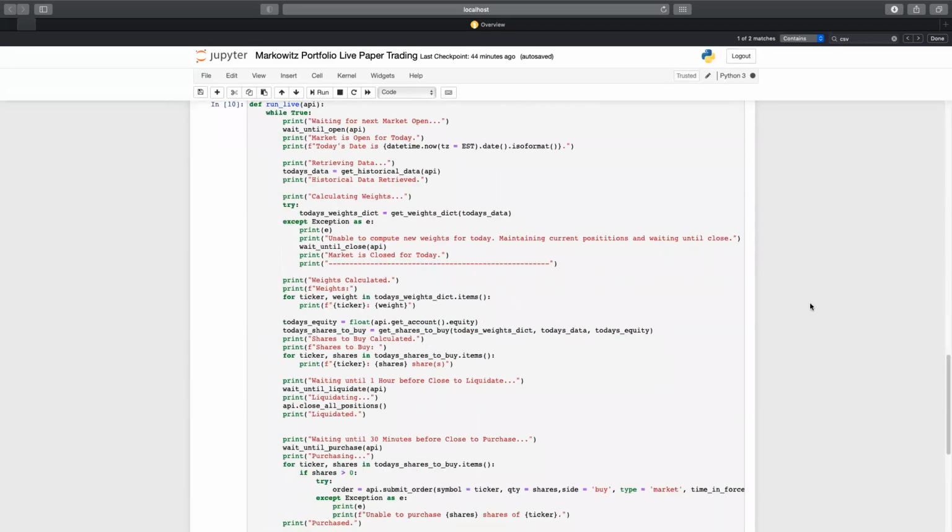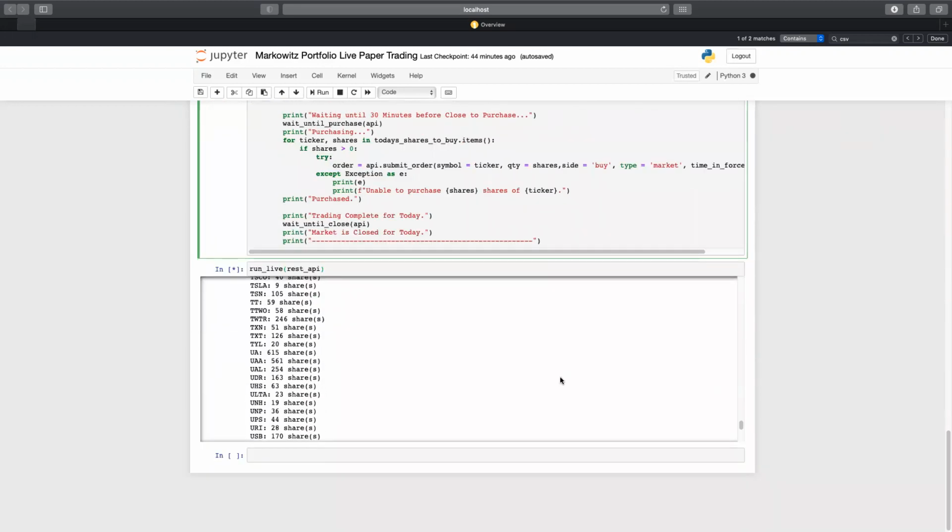And so here I'm really just trying to go through and wait until the market opens, get the data that I need from historical data, calculate the appropriate weights, figure out how many shares I should buy. And then, an hour before the end of each day, I sell all of my positions so that I'm just left with cash. And then 30 minutes before the end of the trading day, I invest all of this money according to the weights that I've calculated.